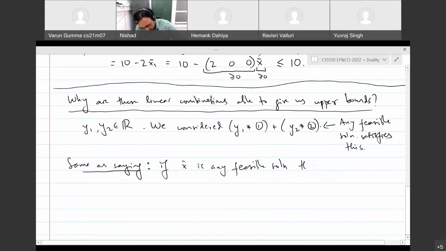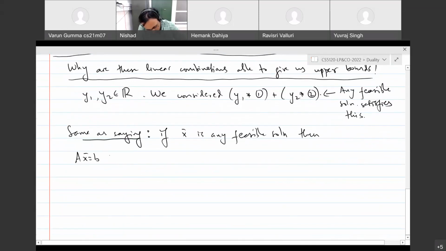That in particular means that A x bar is equal to b, right? And that would mean that I can multiply both sides by a row vector on the left, which is as good as taking a linear combination of the constraints. So y transpose A x bar is equal to y transpose b, right? Where y transpose is going to be our y1, y2, right? The multipliers we chose.